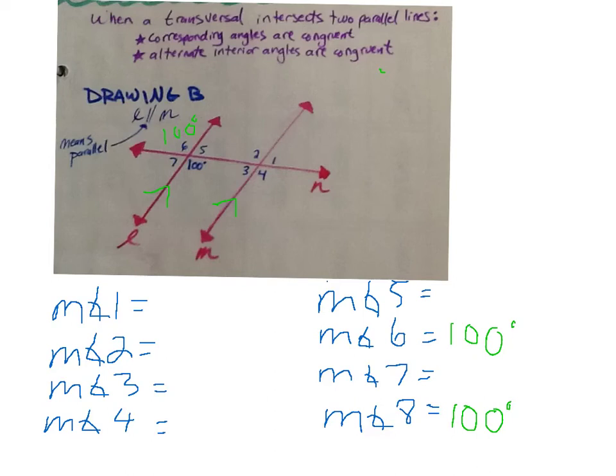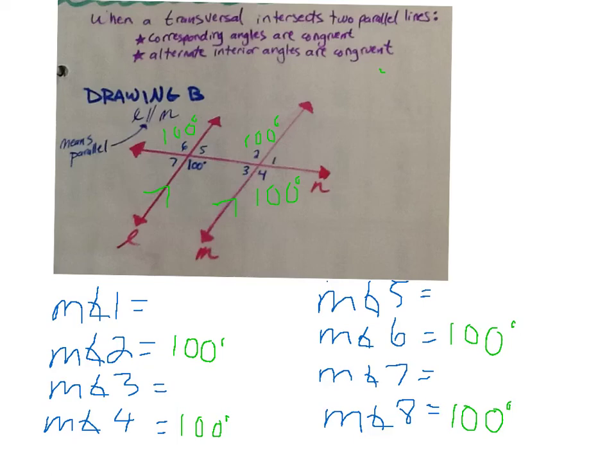If we know that lines are parallel, we know corresponding angles are congruent. Well, 2 and 6 correspond. So angle 2 is also 100 degrees. Well, angle 8 and 4 correspond. So angle 4 is also 100 degrees.